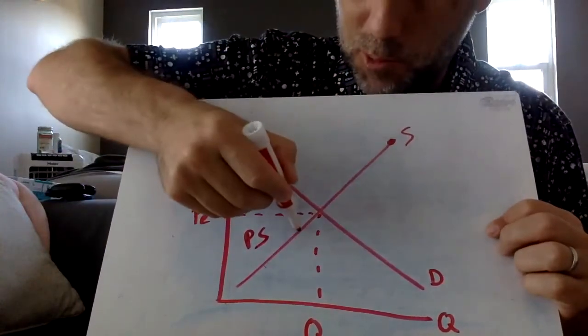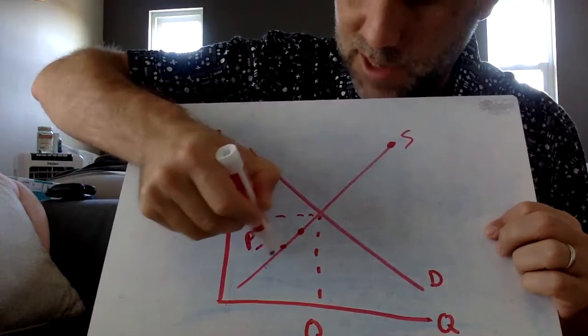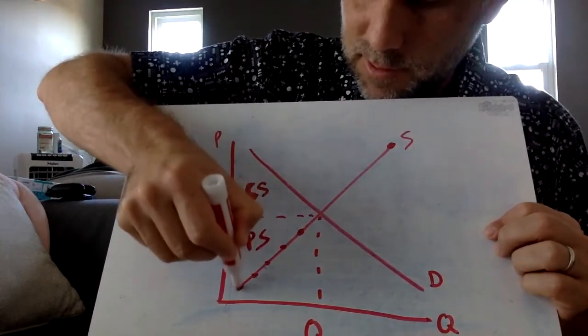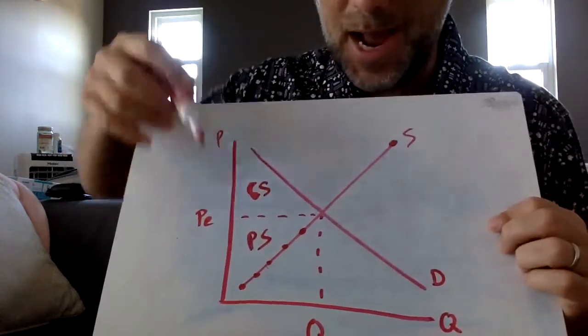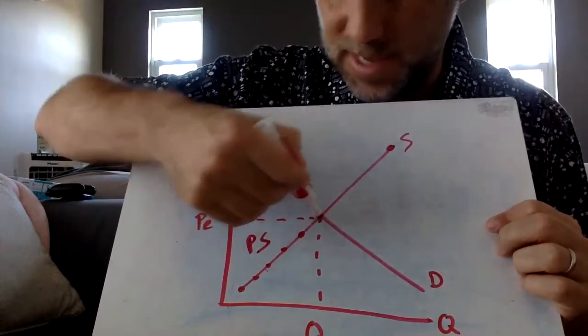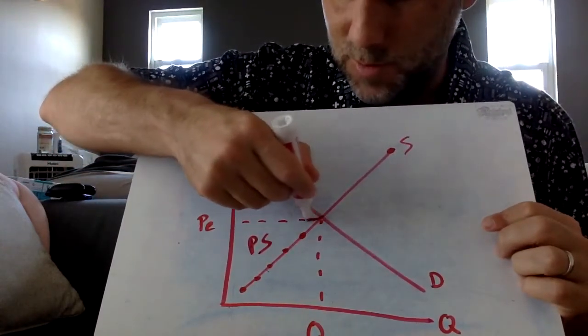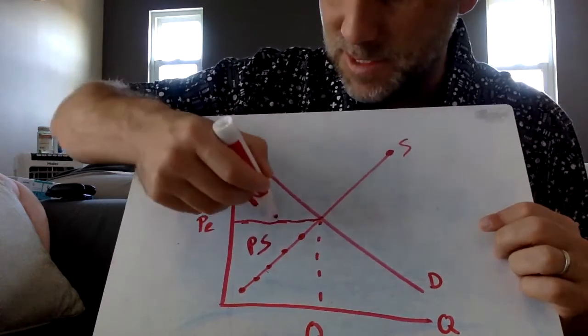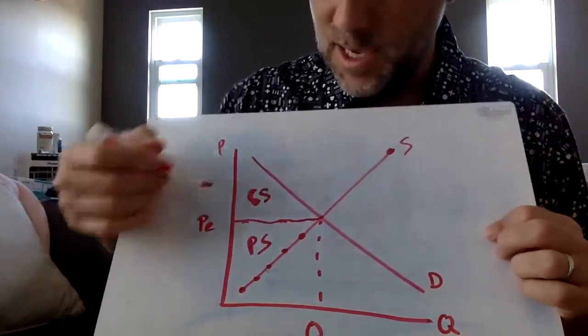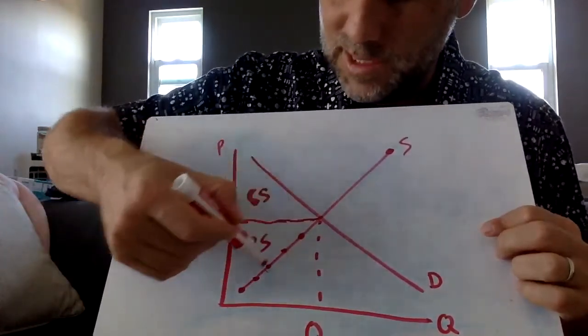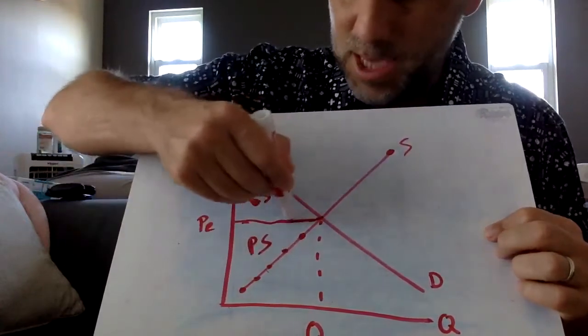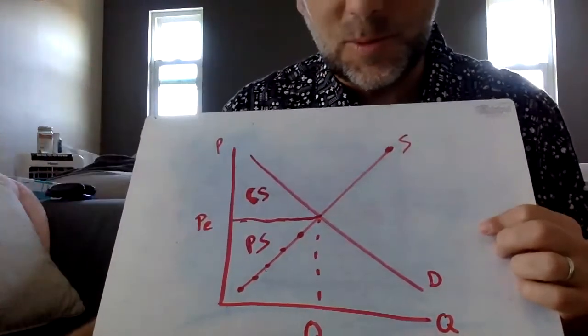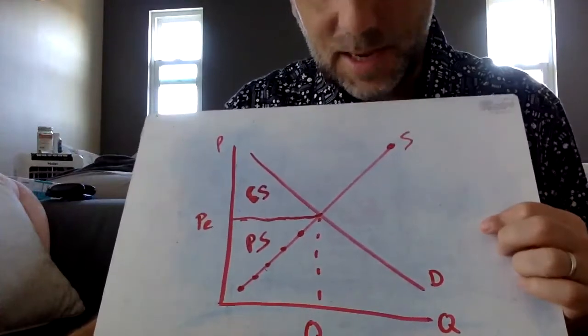But there's some people who are willing to sell even if the price was lower. Everybody buys and sells at the equilibrium, so they're super happy to be selling at that price. The difference between what they were willing to sell for and what they actually sell for, that's our producer surplus. And on the demand side, it's the same thing.